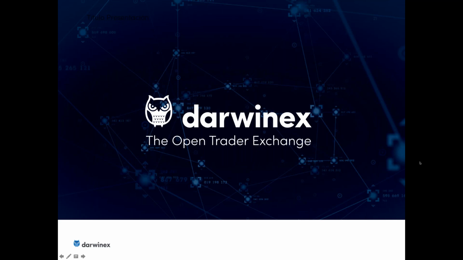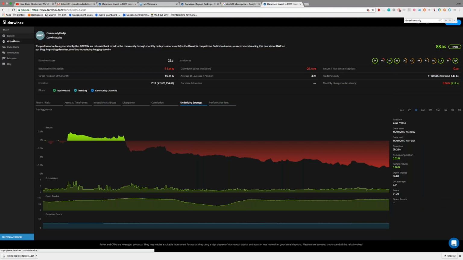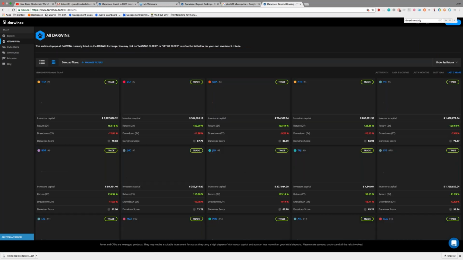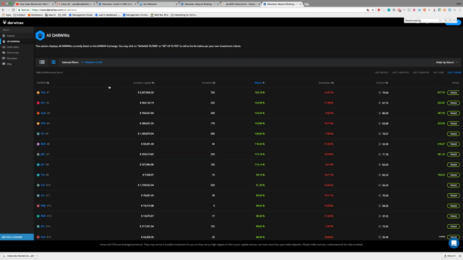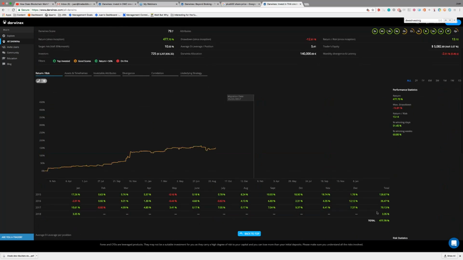So Alexander is asking, are the top 10 Darwins getting paid somehow? They're getting paid investor success fees by being here. You can work out what the Darwins are paid quite simply by looking at investor capital. So THA has 3.2 million assets under management. You go into his return curve: last year, 80%.